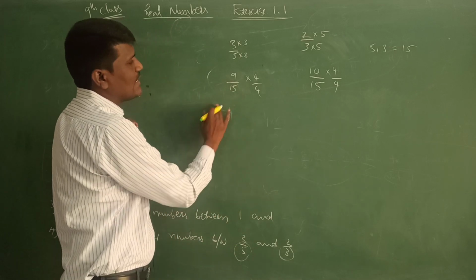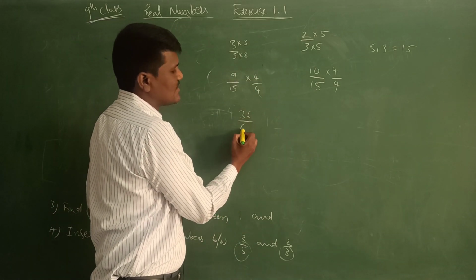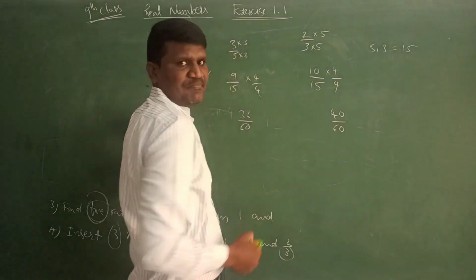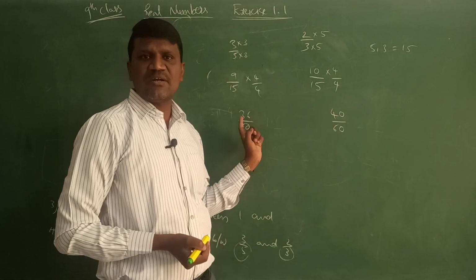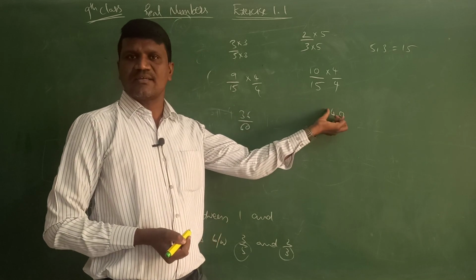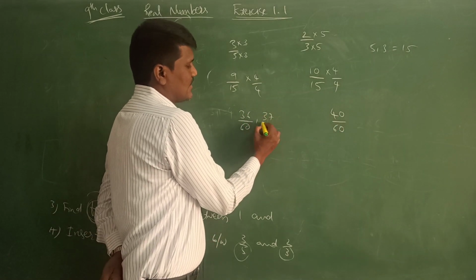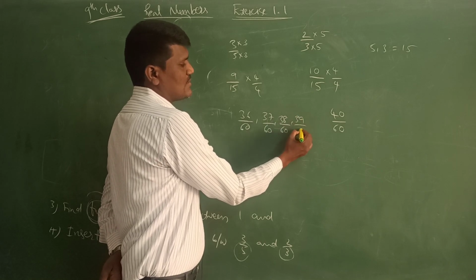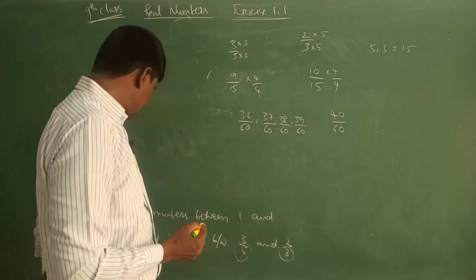If you multiply and divide by 4, it becomes 36 by 60 and 40 by 60. Now there is a gap between the numerators, right? 36 and 40. Now you can write 37 by 60, 38 by 60, 39 by 60. How many numbers did they ask? 3 numbers, so we got 3 numbers.